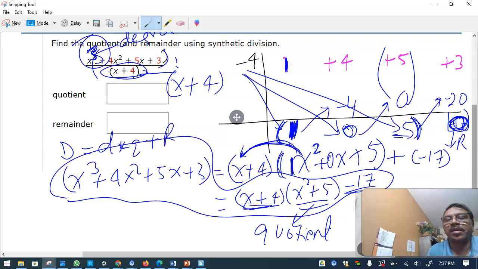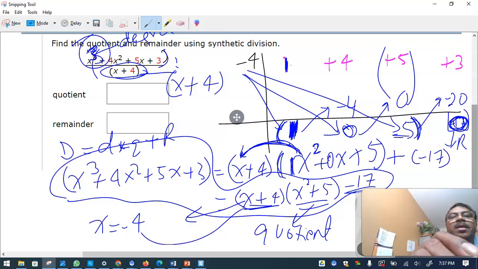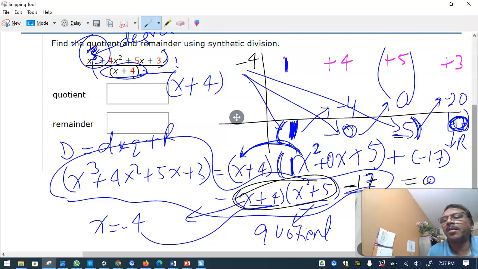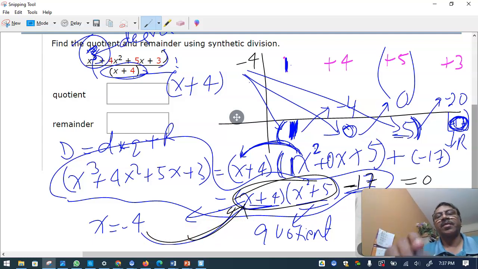Right now it is not a factor, because if you plug in x equals -4, then this whole thing becomes 0, and you're left with this -17. So you don't end up getting 0 when you plug in x equals -4. So the factor theorem says this is not a factor. And I hope that helps.